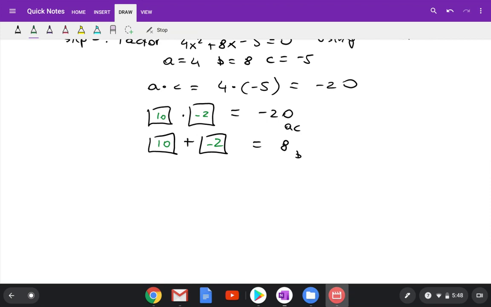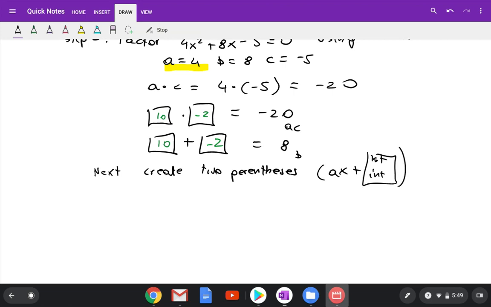Next, again, still the AC method. Since a is equal to 4, next create two parentheses. Don't forget that: ax plus first integer times ax plus second integer.